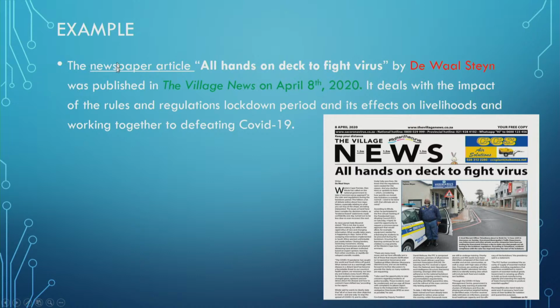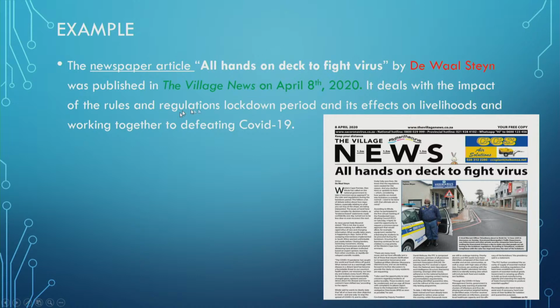So here already I have my text type. We have our title. We have the author, the writer, and we also have the publisher and the date of publication.